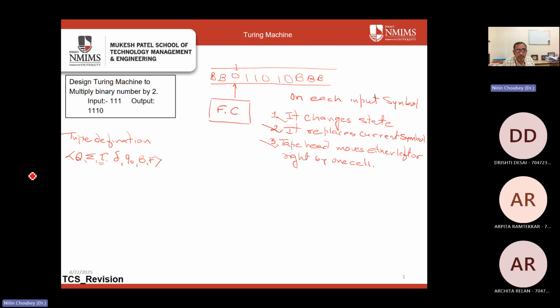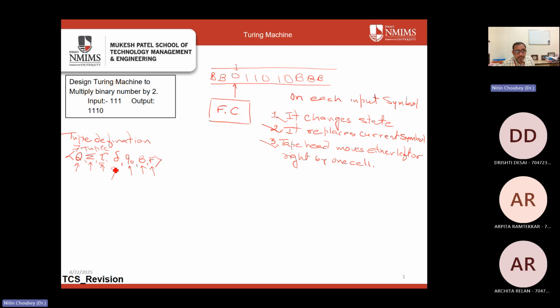The tuple definition of a Turing machine can be given as shown here. It is defined by a 7-tuple: Q, Σ, Γ, δ, q0, B, F, where Q is a finite set of states, Σ is a finite set of input alphabets, Γ is a finite set of allowable tape symbols, q0 is termed the initial state, capital B is a special tape symbol referred to as the blank, and capital F is the finite set of final states.